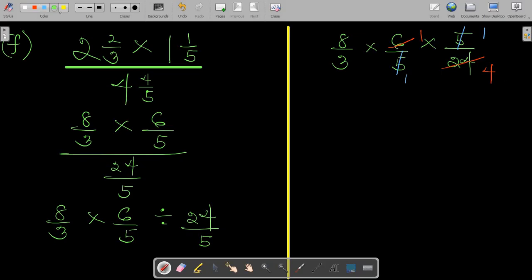But first of all, let me rewrite this. This is 8 all over 3, then times, nothing is here, we have 1 all over 4 remaining. So 4 can divide 8 to give me 2. So the final answer is now 2 over 3. So that's the final answer.